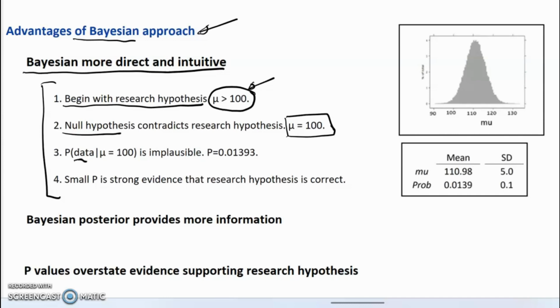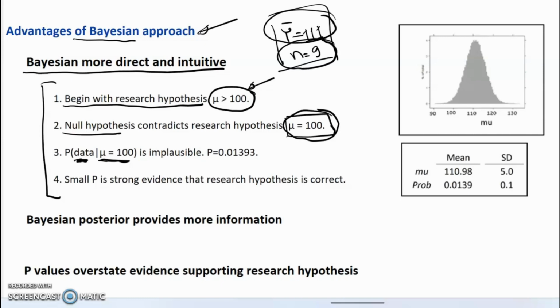Then they calculate the conditional probability of the data conditional upon the null hypothesis, and the data was an average of 111 based on a sample size of 9. We know that the probability of getting a mean of 111 or more, given a sample size of 9, if the null hypothesis is true, is only a very small number, 0.01393.